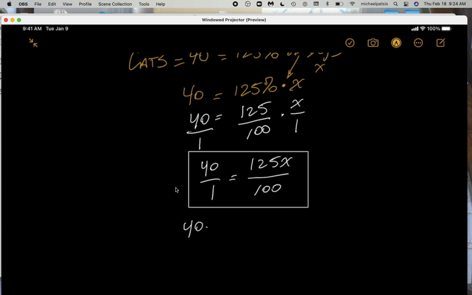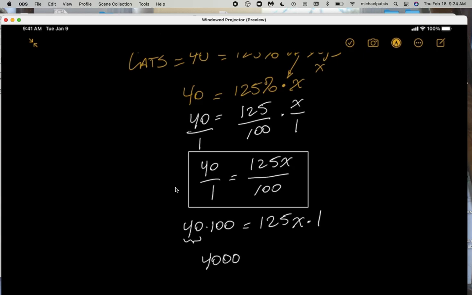We're going to have 40 times 100 equals 125x times 1. We are now going to have a number after we multiply by 100, this number is going to get bigger. How much bigger?